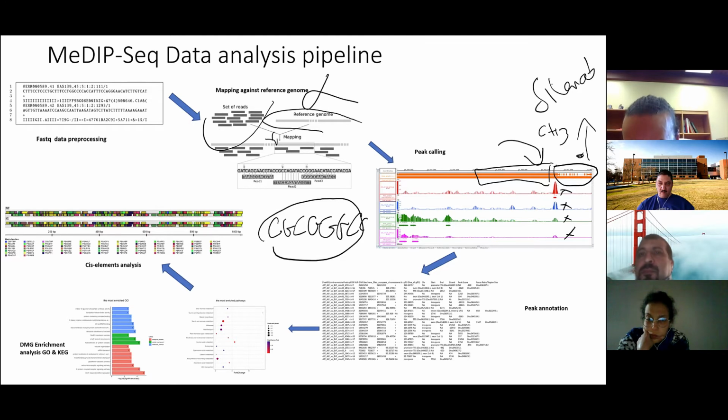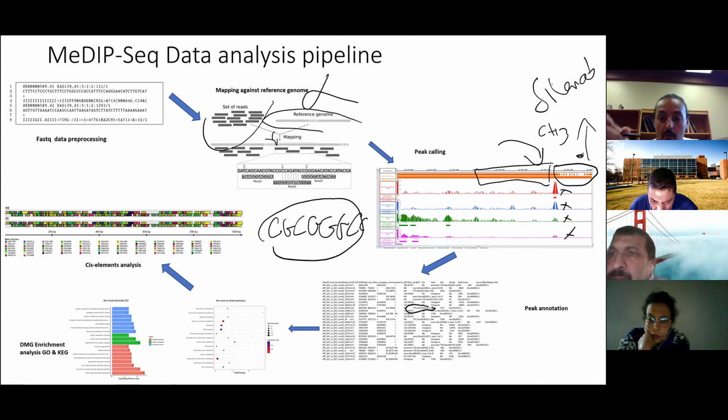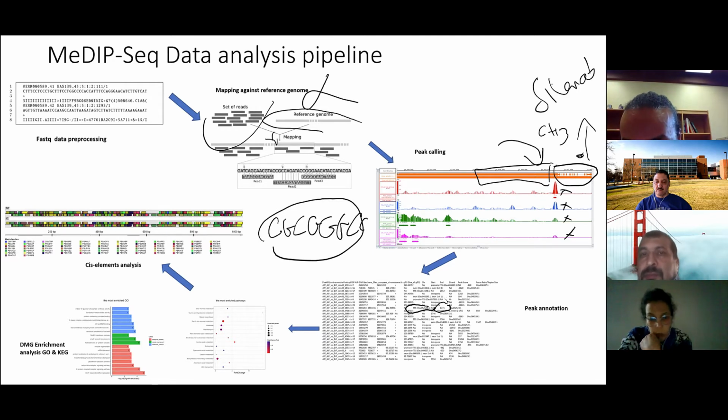For example, right here, that TTC means transcription termination site. This number, if it's a positive value, it's going to be behind the genomic feature, behind the TTC. If you have, for example, let's find something with a TSS, which is right here. TSS means transcription starting site.